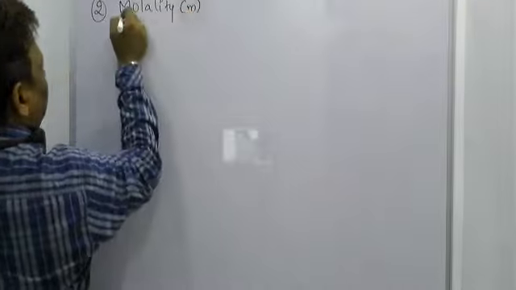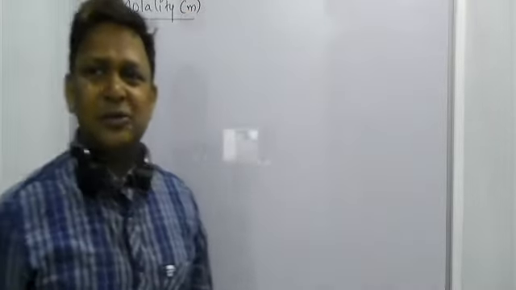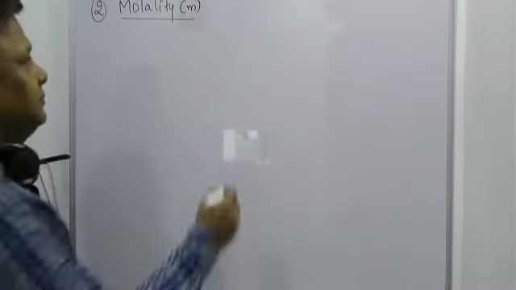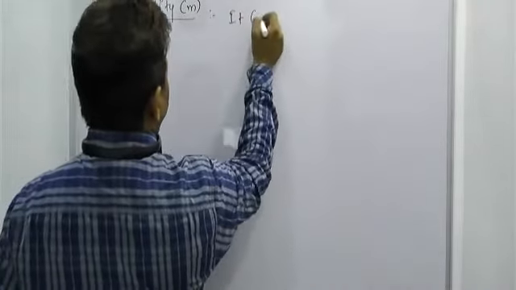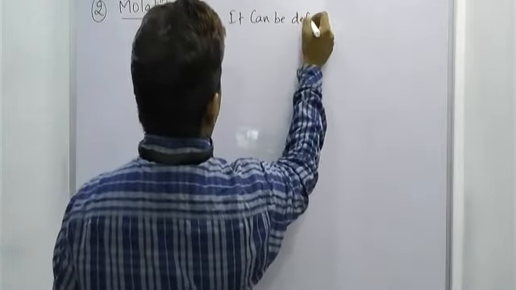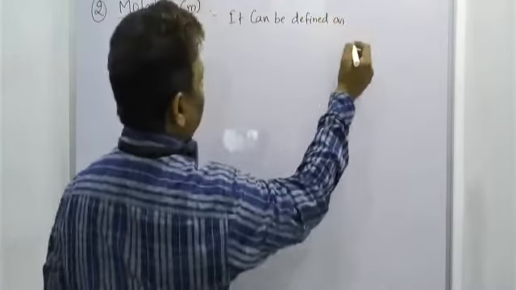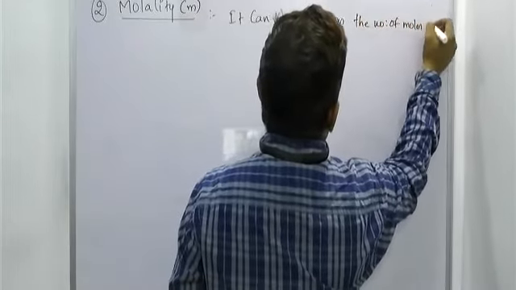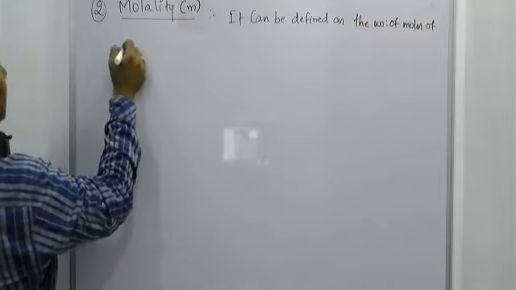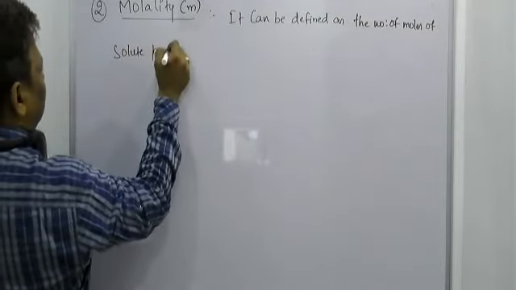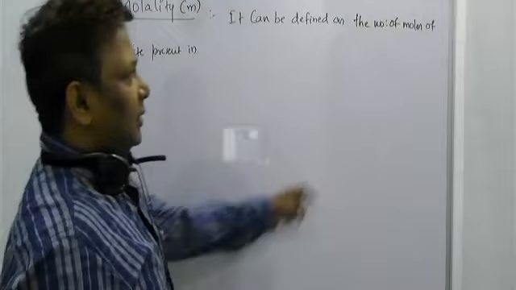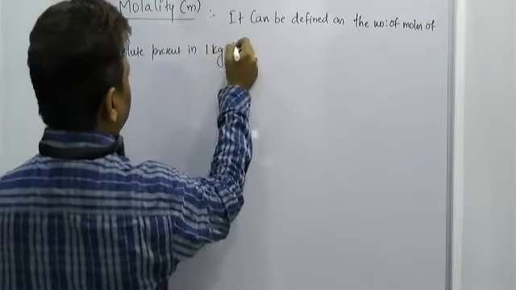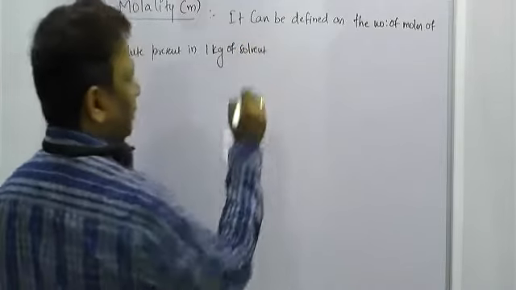Molality. It is denoted as a small m. Right? Definition. It can be defined as the number of moles of a solute present in 1 kg of solvent.